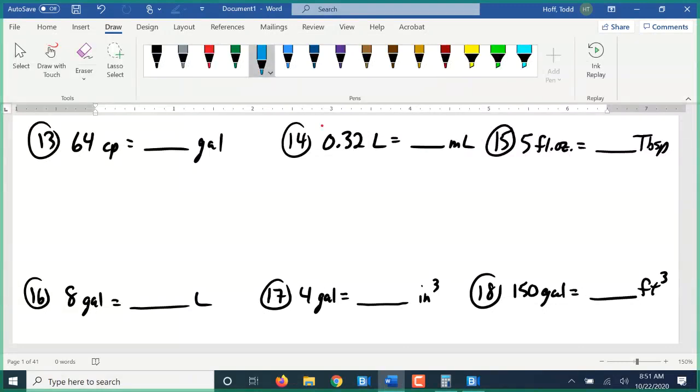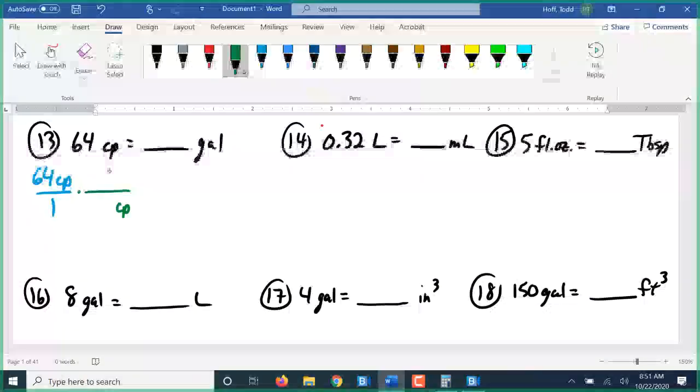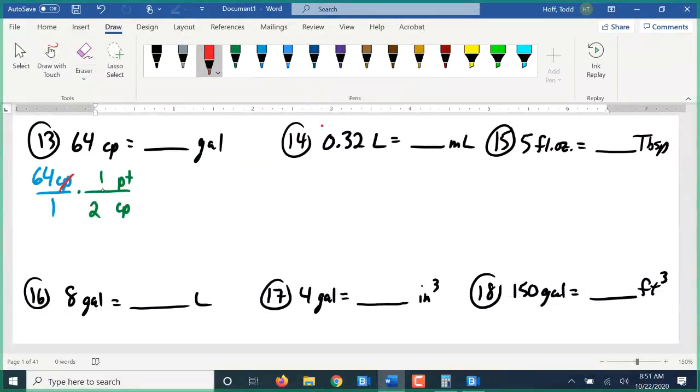So if we start out with 64 cups going into gallons, we'll put our 64 cups over 1. Get rid of the cups. We'll put them on bottom, but we can't go straight to gallons. We go from cups to pints. 1 pint is 2 cups. Now we'll get rid of the pints. We'll put pints on bottom. Going into quarts. 1 quart is 2 pints.